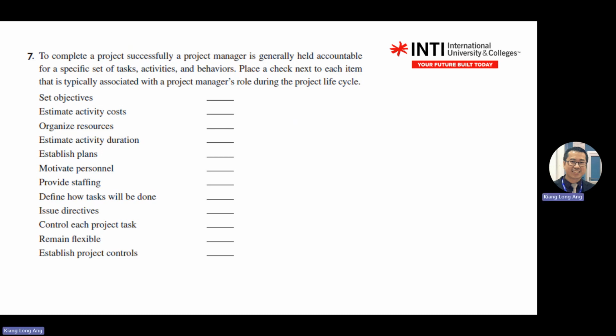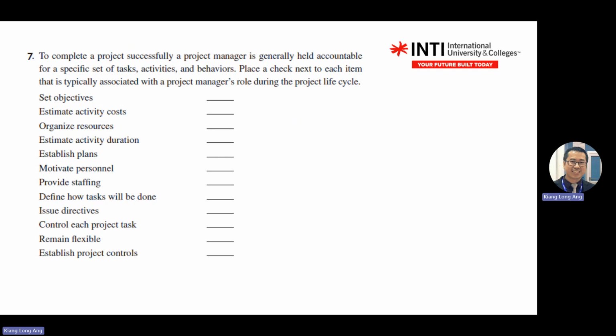Okay, sorry. So we have this question number 7. Is it project management? All right. So which one is associated with the project management role? We have a few there.